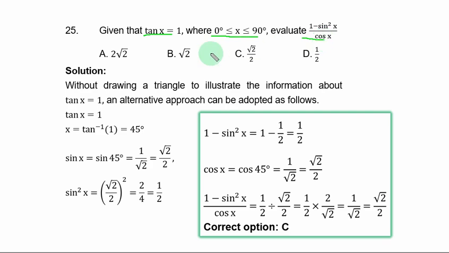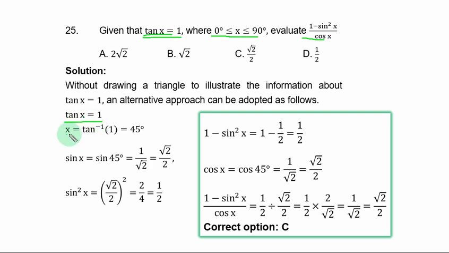Before now, anytime we are faced with problems like this, we always draw a triangle to illustrate the information so that we can get other ratios. Because tan s is equal to 1, we may not have to do that, but let's do it this way. Tan s equal to 1.